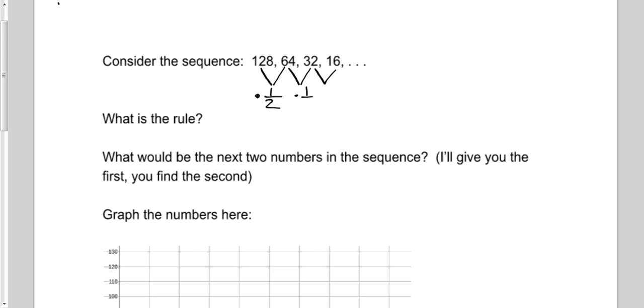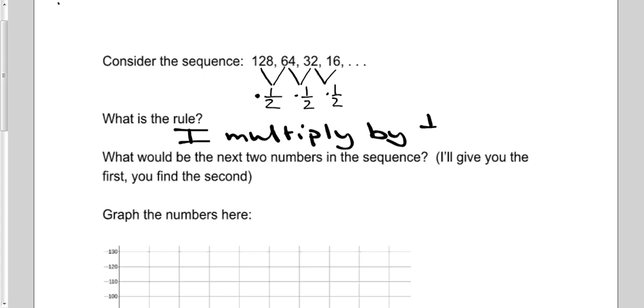Take 64, multiply it by 1/2. Do you get 32? Take 32, multiply it by 1/2. Do you get 16? So what's the rule? The rule is I multiply by 1/2.